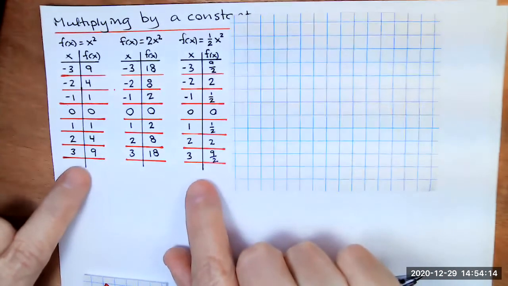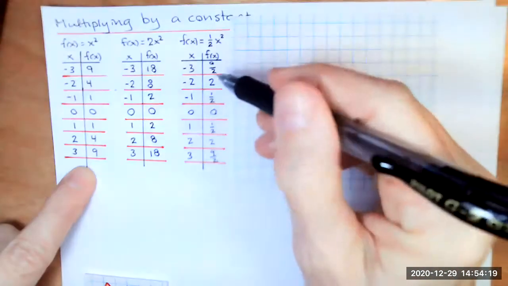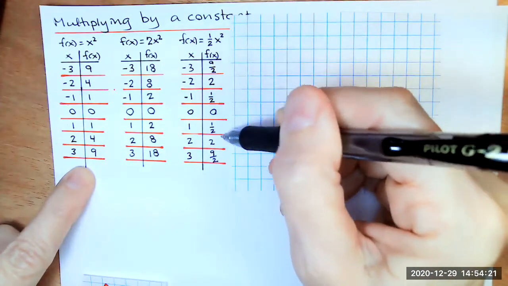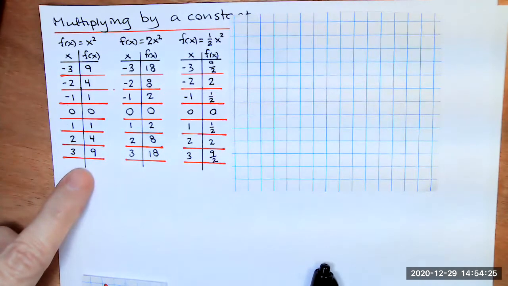So if you compare our first graph to the second graph, the y values are 1/2 as tall. So let's look at that picture.